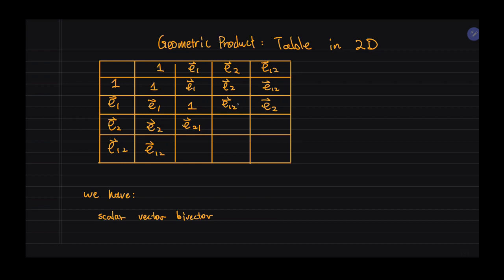But since we would like to express everything using the same basis, instead of writing E21 and this like E12, we would like everything in E12, because we have derived from the previous video that E12 is equal to minus E21. So E21 is equal to minus E12. So instead of writing E21, we write minus E12.